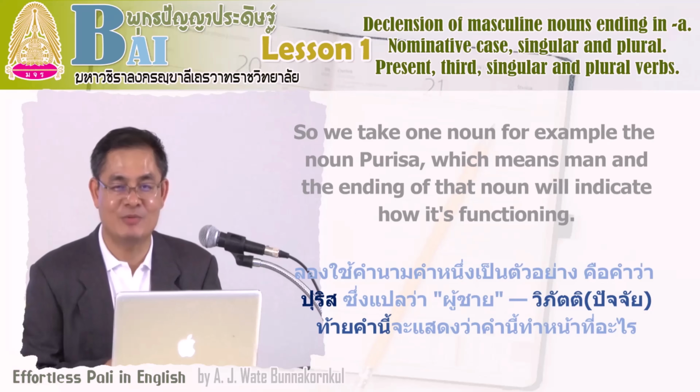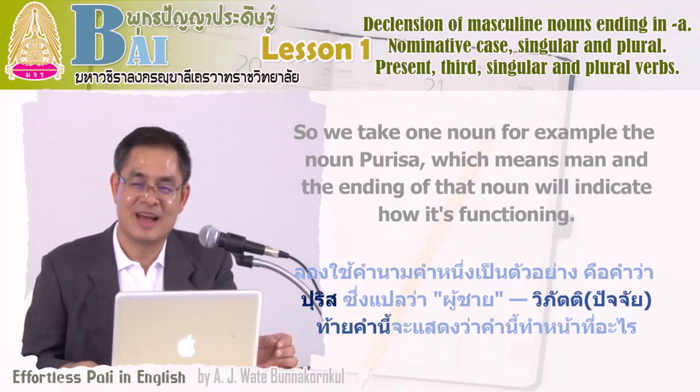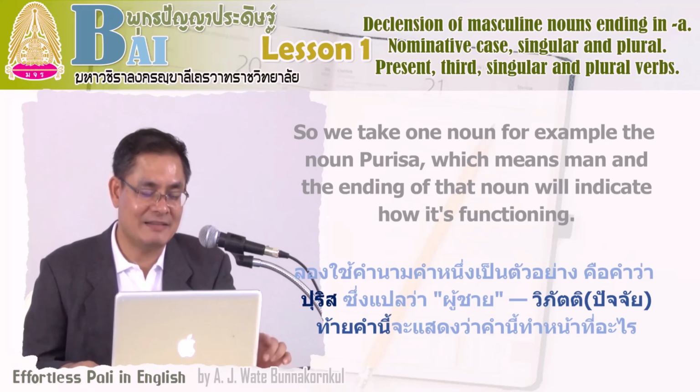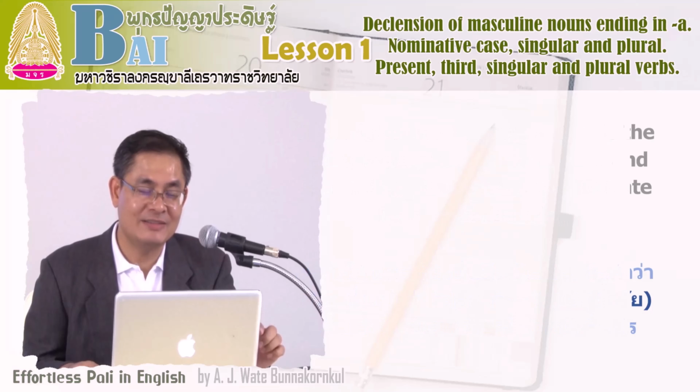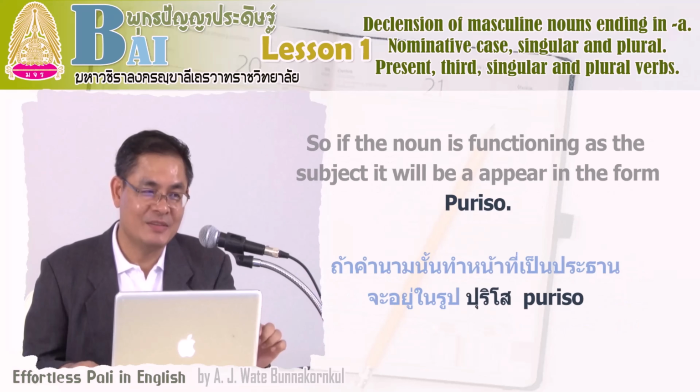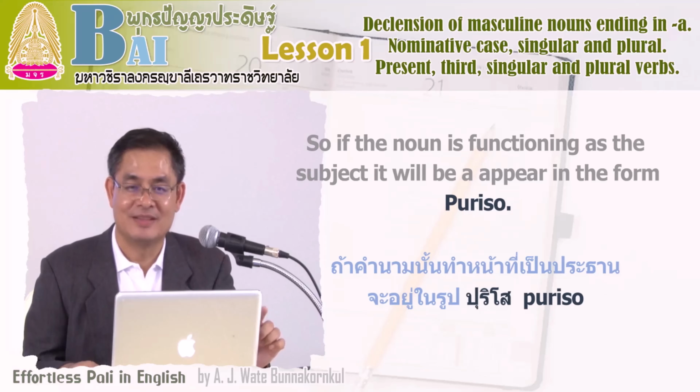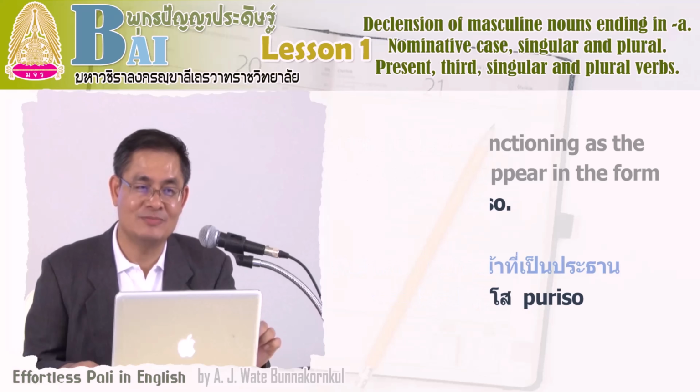So we take one noun, for example, the noun purisa, which means man, and the ending of that noun will indicate how it's functioning. So if the noun is functioning as the subject, it will appear in the form puriso.